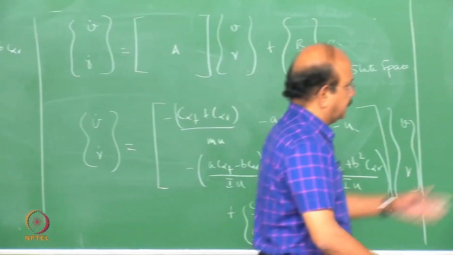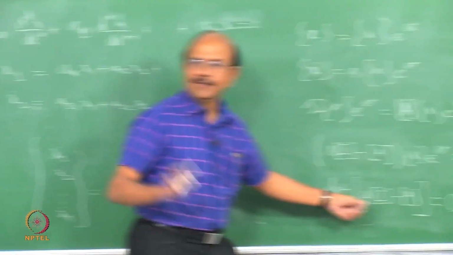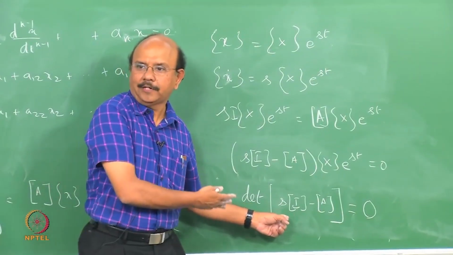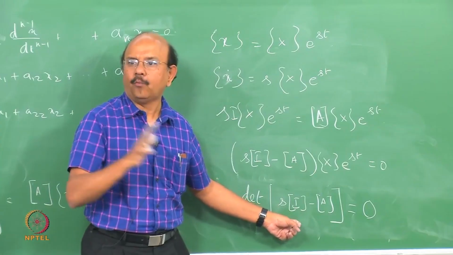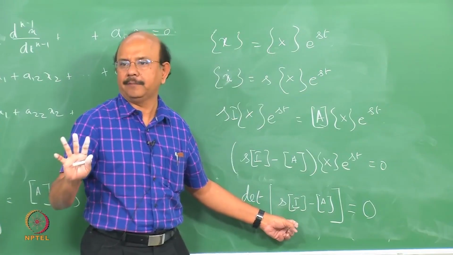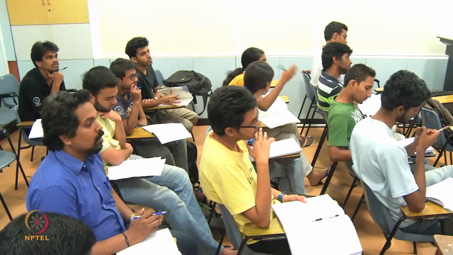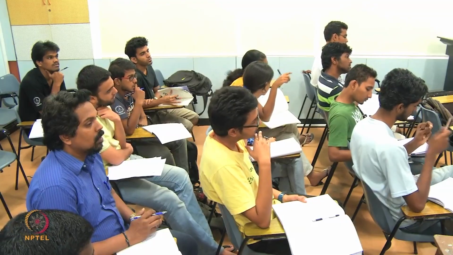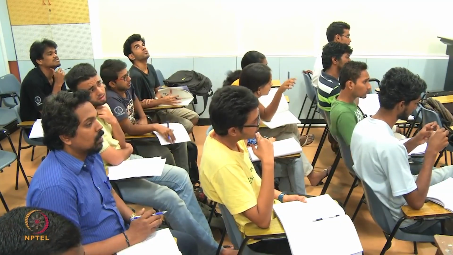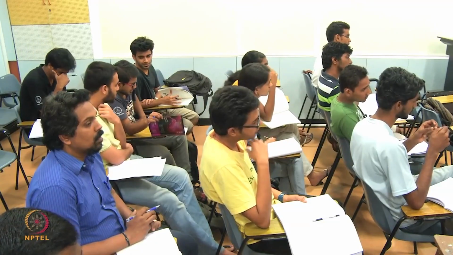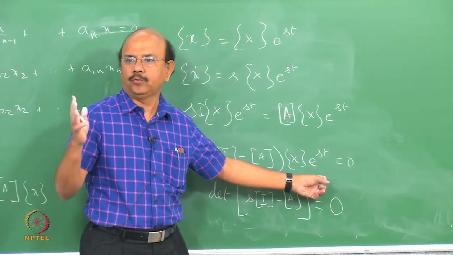Yes, that's what I'm saying. I have not yet solved it. I'm just writing down that there is s1 and s2. What are they? I have not yet determined them. According to this, say my x1 is capital X1 into e^(st), and my x2 is capital X2 into again e^(st). So for s1 and s2 there will be two roots.